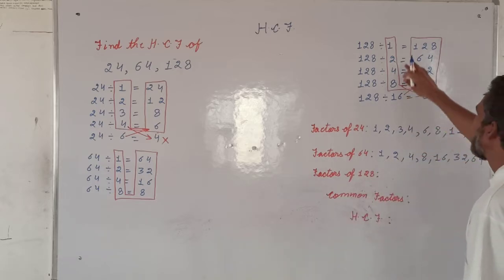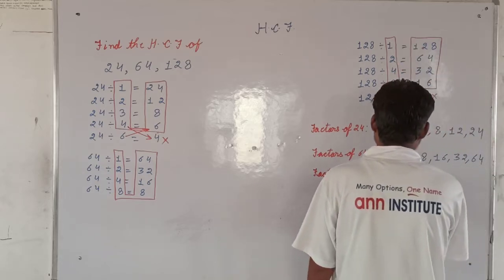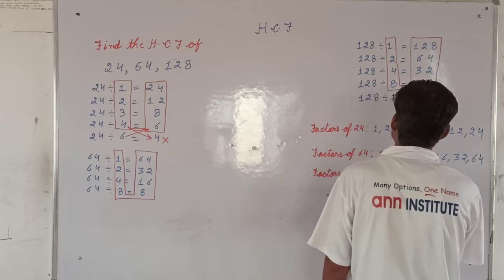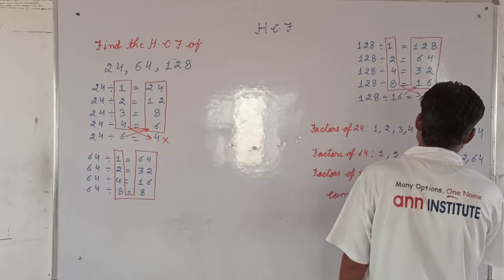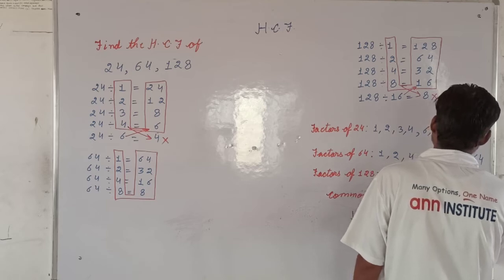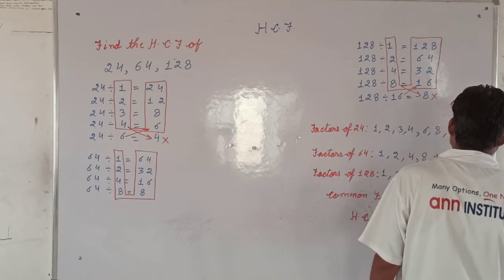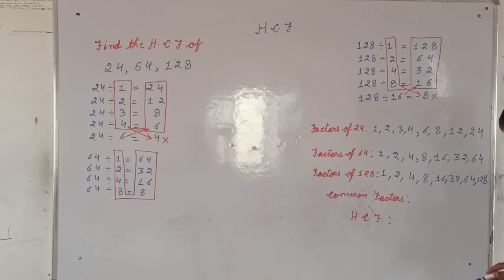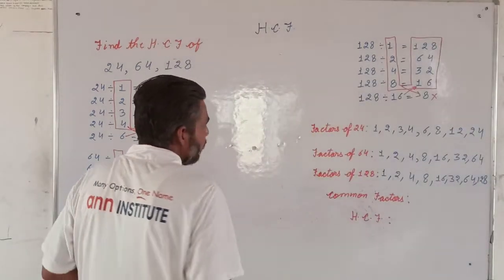Factors of 128 are given here: 1, 2, 4, 8, 16, 32, 64, 128.